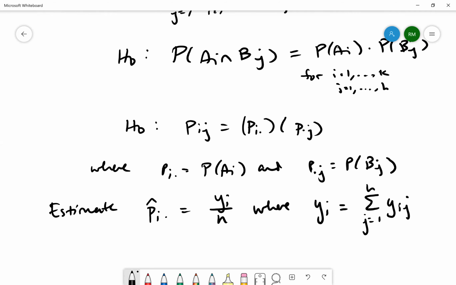So this is the relative frequency of Ai, or the observed frequency, we should say.